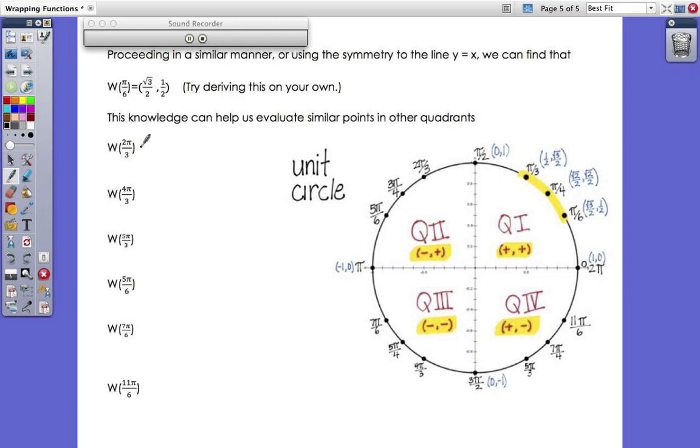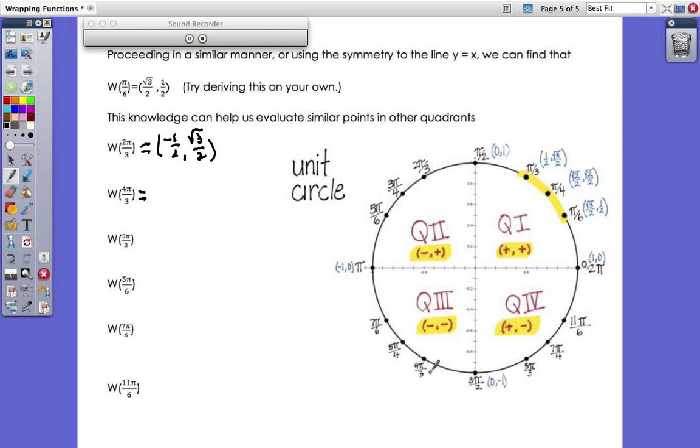So a wrap of 2 pi over 3, well, is right here. It's a lot like a wrap of pi over 3, but its x-coordinate is negative because it's in quadrant 2. So it's negative 1/2 comma root 3 over 2. And a wrap of 4 pi over 3 is down here because it's pi over 3 larger than pi.